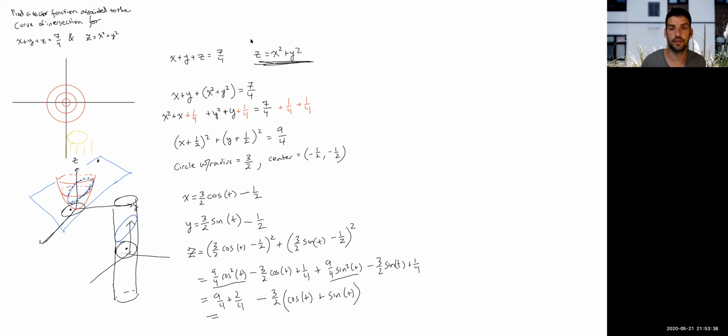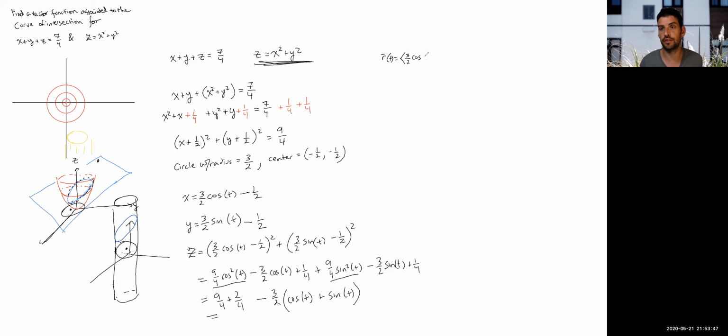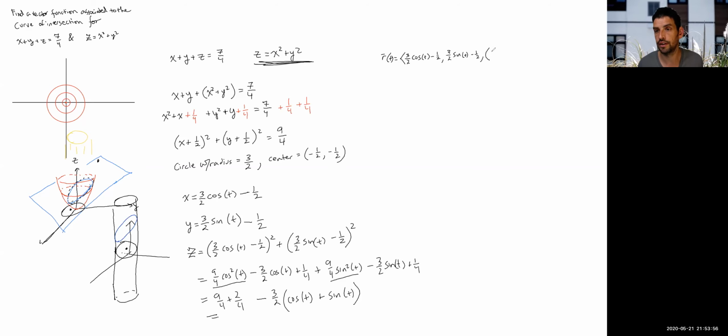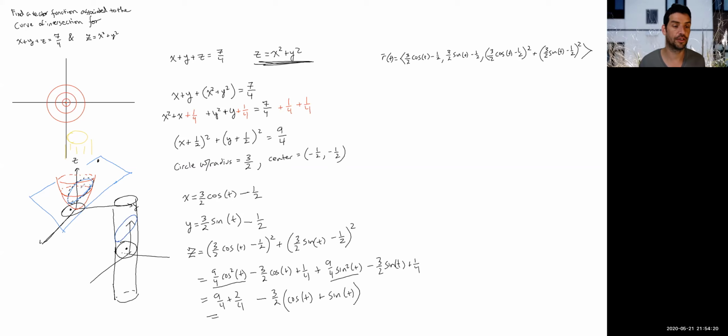We'll have r of t is equal to, so what have I got? 3/2 cosine of t minus 1/2, 3/2 sine of t minus 1/2, and then 3/2 cosine t minus 1/2 squared plus 3/2 sine of t minus 1/2 squared, close brackets. And that's our vector function for this space curve here, right?